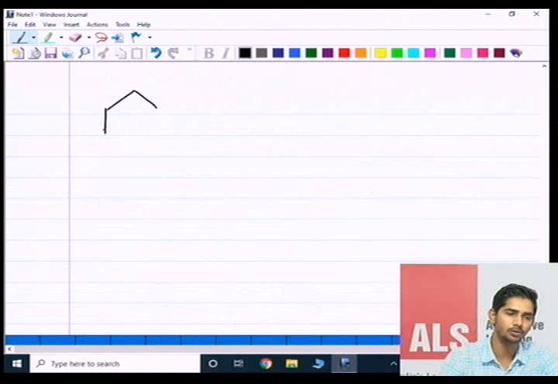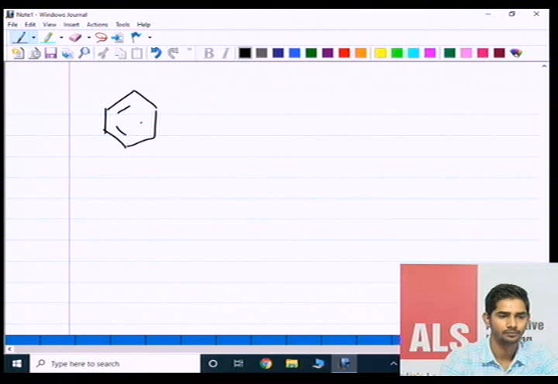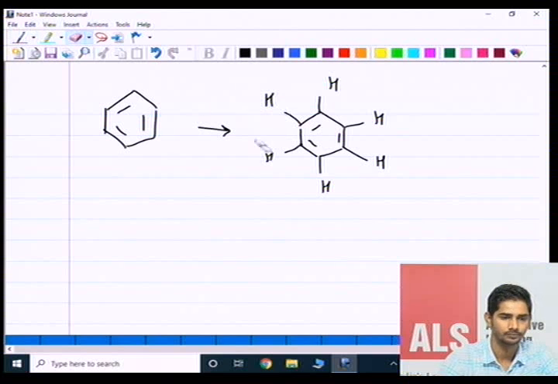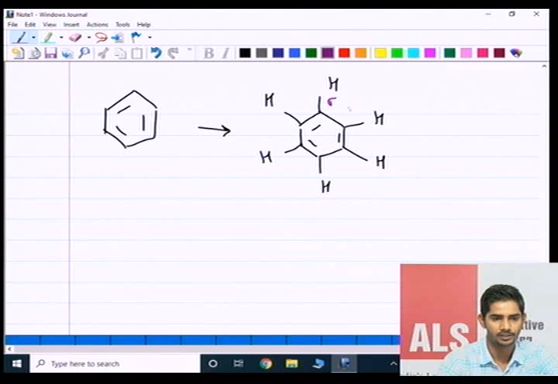For example, let's talk about benzene. Benzene looks like this. Draw its simplest form, where this will look like this. So we can count the sigma and pi bonds. Sigma, sigma, sigma, sigma, sigma, sigma. Now, there are 3 pi bonds.